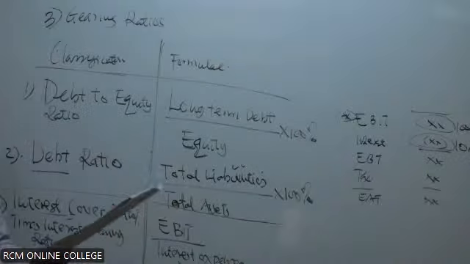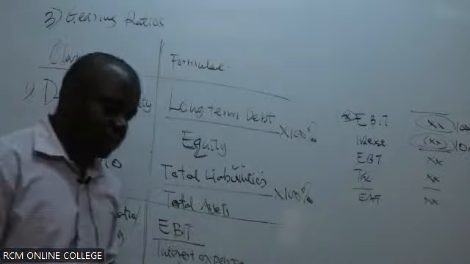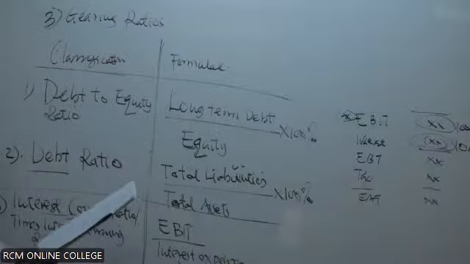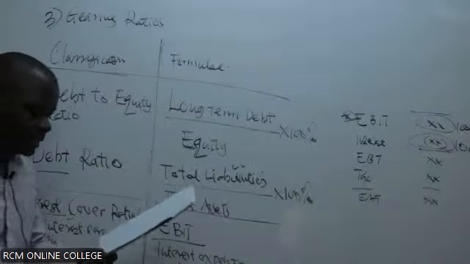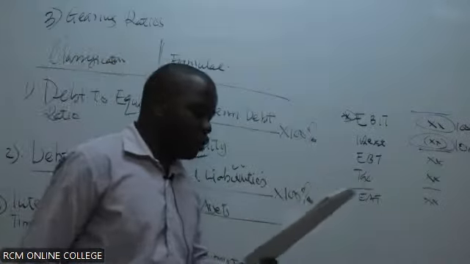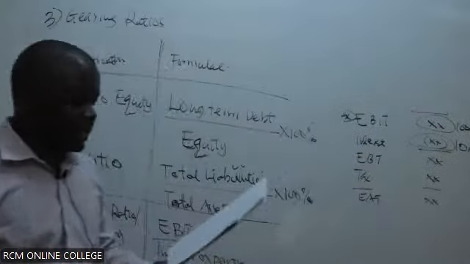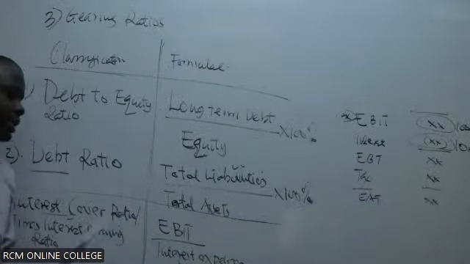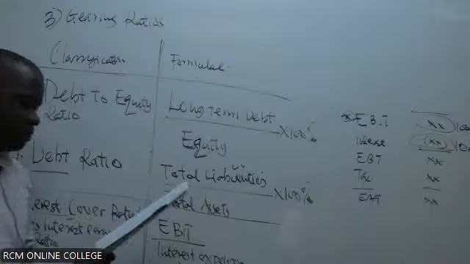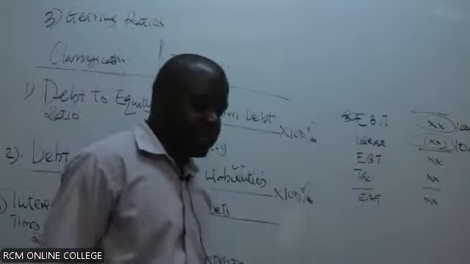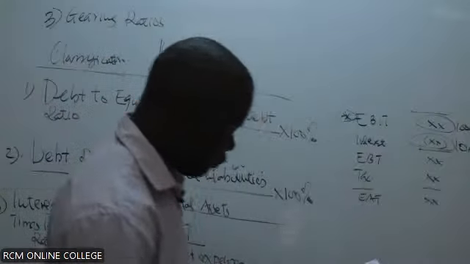It indicates the number of times interest expense can be paid from operating profits. That is very simple.